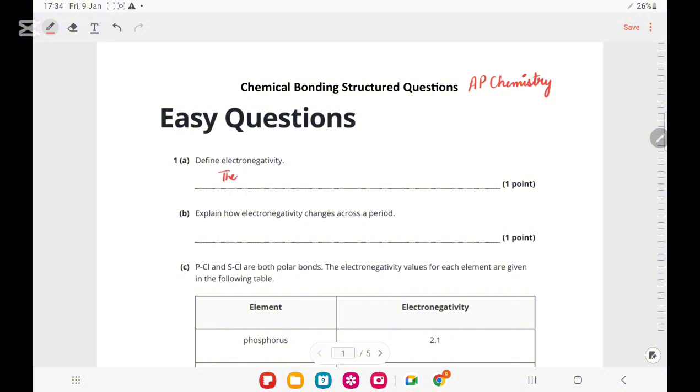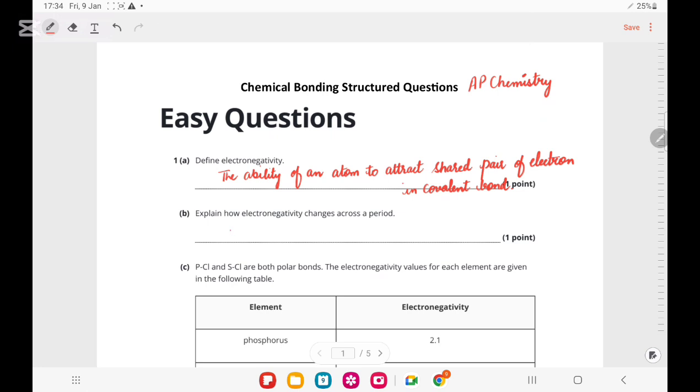That is the ability of an atom to attract shared pair of electron in chemical bonding. In covalent bonding, if we specify it, it is going to be covalent bond because sharing of electron always occurs in covalent bond. How electronegativity changes across a period?